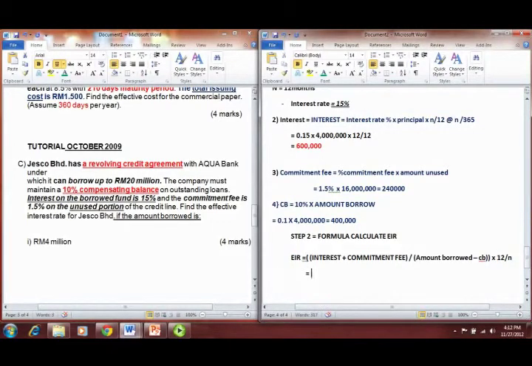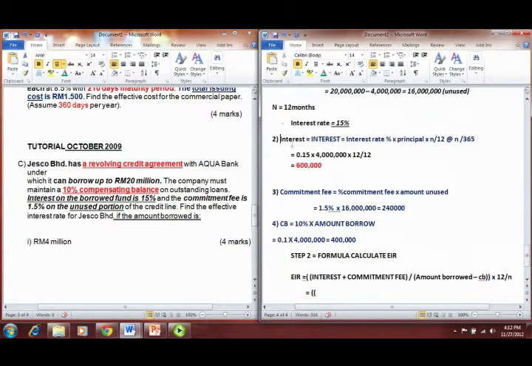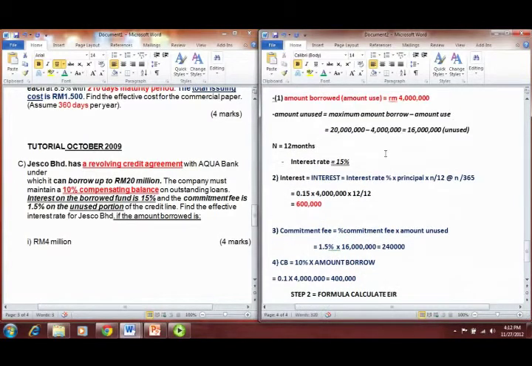Alright, now try to substitute the information into the formula. So what is the amount of your interest, class? Yes, based on information 2, 600,000, plus the commitment fee you have calculated, correct? So when you have enough information, it's easy for you to substitute in the formula. Next, divide by your amount borrowed.